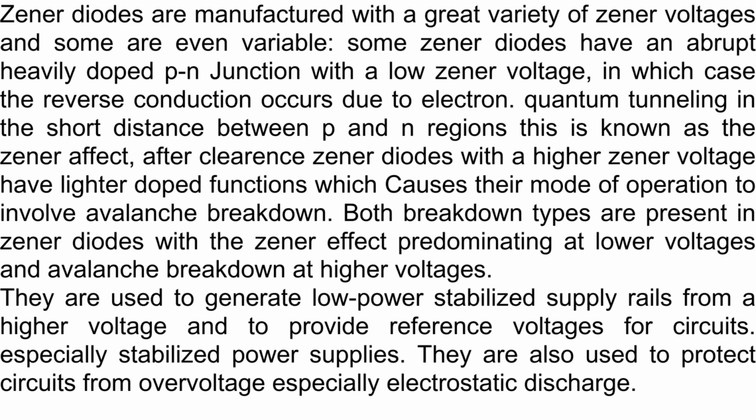This is known as the Zener effect. Zener diodes with a higher Zener voltage have lightly doped junctions, which causes their mode of operation to involve avalanche breakdown. Both breakdown types are present in Zener diodes.